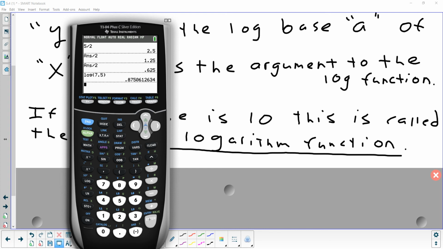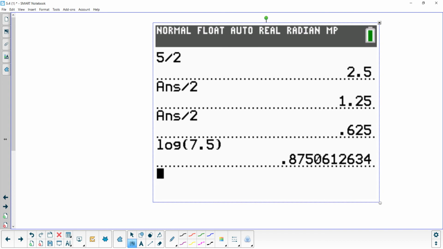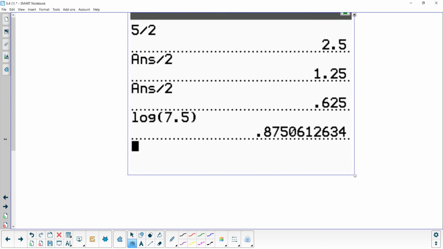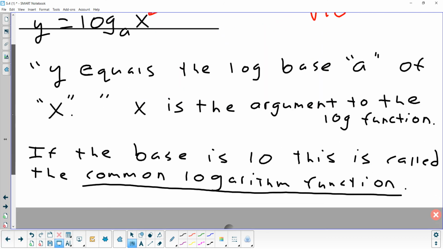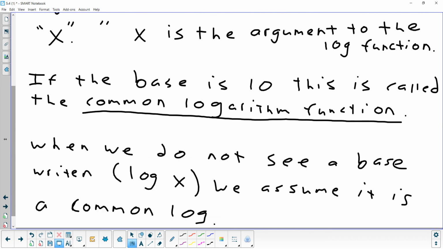The calculator didn't put in a base. There was no base written on that log. You can put a base on it, but it didn't. Because there was no base, we assume that it's the common log. And so if you ever see something like just log x, you can always assume that that is the common log.